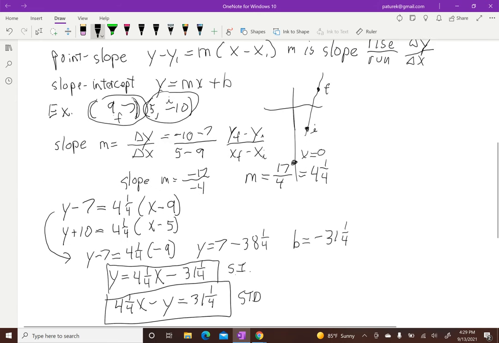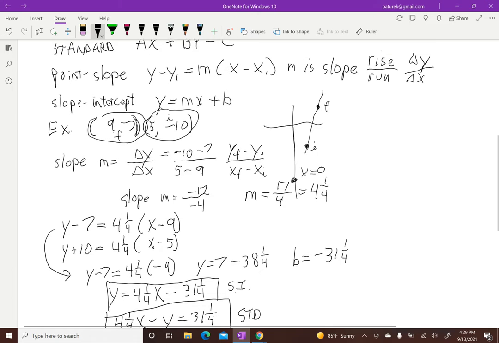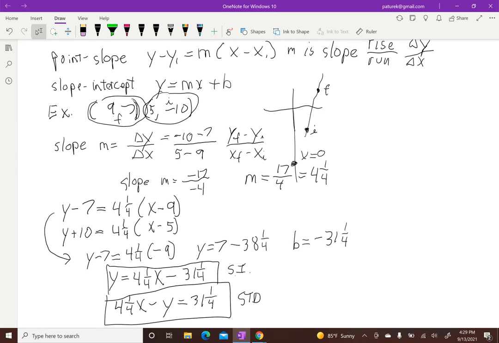And both of these, whichever way you want to write it, whichever point you want to use, both of these are in point slope form. Ta-da! My claim is it's believable that this value of b is a very large negative number.